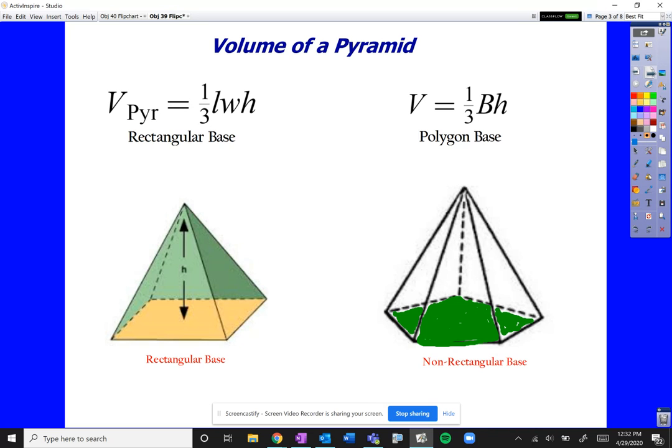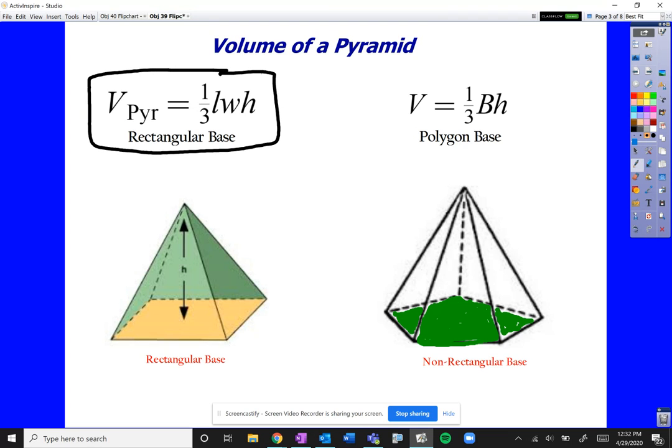So, our formula then, there are two types of pyramids that we can have. If you have a rectangular base, like the one that we're used to seeing, the volume is 1/3 of that prism. So the volume is 1/3 length times width times height.